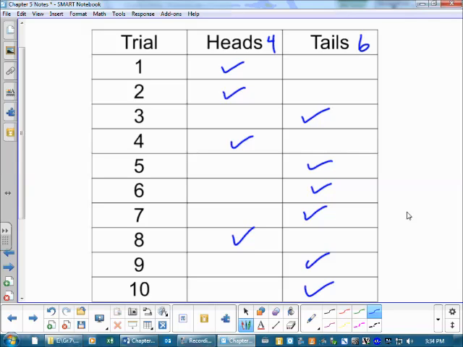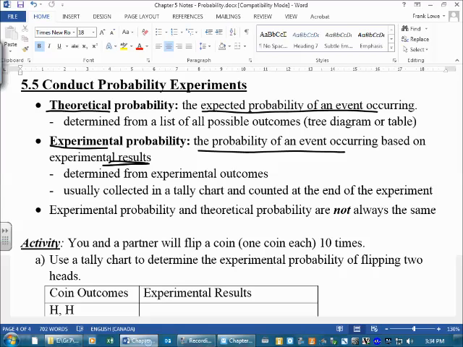But in a perfect world, if we look at the theoretical probability, if we did 10 trials and there's a 50% chance of getting heads and a 50% chance of getting tails, then you should get 5 heads and 5 tails. That's theoretical. So theoretical and experimental results aren't always the same. In fact, they very rarely are.